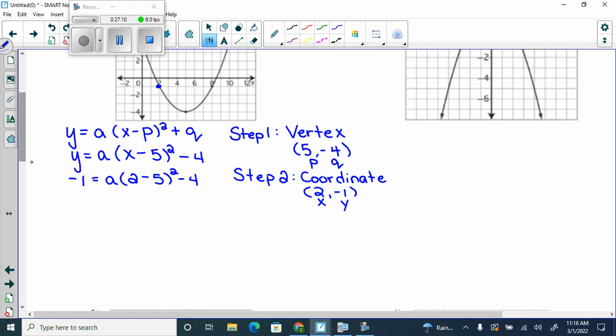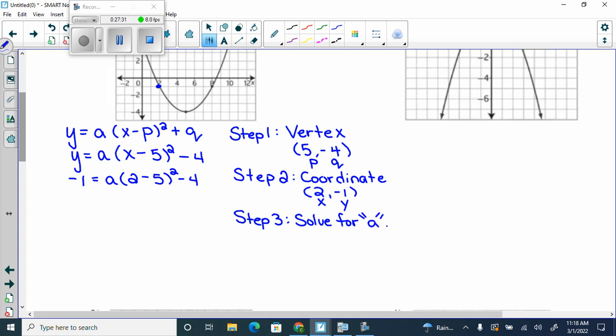Okay? Step 3 is solve for A. And whenever it says solve for something, that means isolate it. So I know I can put these together here first.